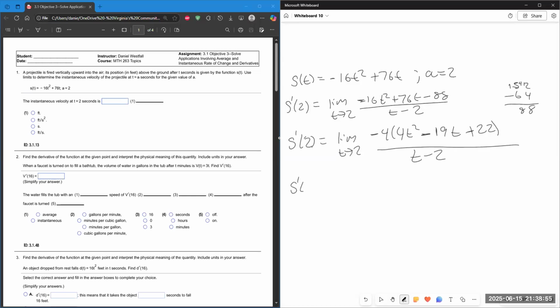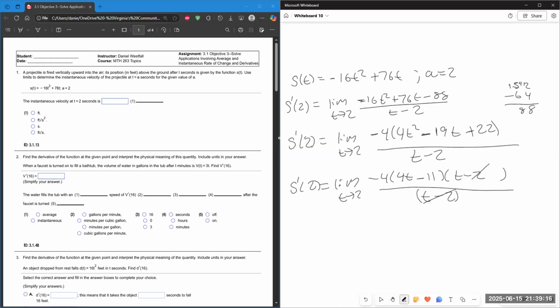So s prime of 2 is equal to the limit as t goes to 2 of negative 4 times, and there needs to be a t minus 2 over here to cancel with this t minus 2, which means this has to be a 4t minus 11.